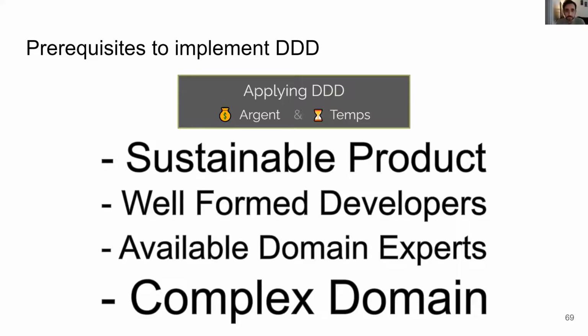Okay, I see. So here in the strategic design of DDD, we have the context mapping chapter. In this chapter we present all the interactions between bounded contexts. One of these interactions is the shared kernel. So you have some part of the code which is shared between many bounded contexts, and it's not ideal.